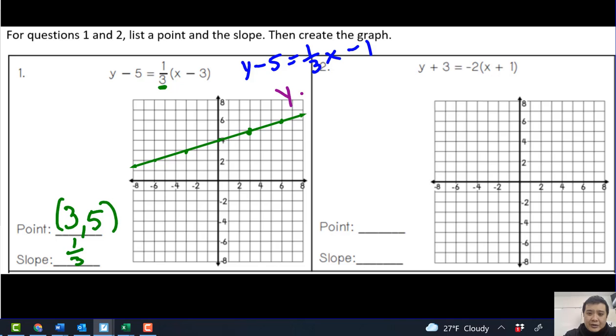We would get y equals 1/3 x plus 4, and we can see that our y-intercept is in fact 4, and the slope is 1/3. So remember that the slope-intercept form can give us the slope and the intercept, while the point slope form will give us just a point and the slope.